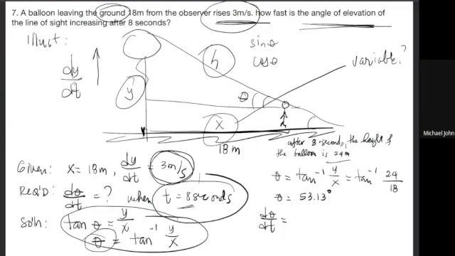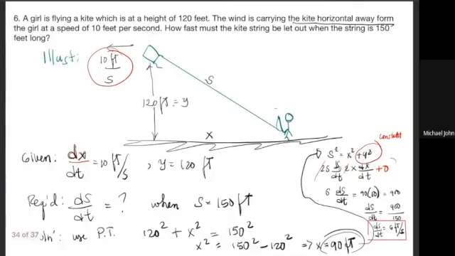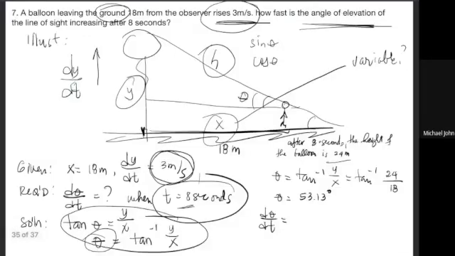That is important, like earlier. x is constant, because the balloon is horizontally away. So from equation 1, we can derive this, using implicit differentiation.